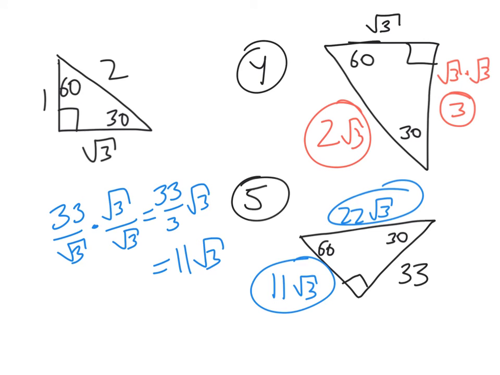And in number 5, when I have no radical 3 opposite the 60-degree angle, to get the side opposite the 30-degree angle, I just divide, and notice that the coefficient, 11 square root of 3, is just 33 divided by 3. So again, practice these enough, and you'll get those shortcuts into your head that'll save you a lot of time.